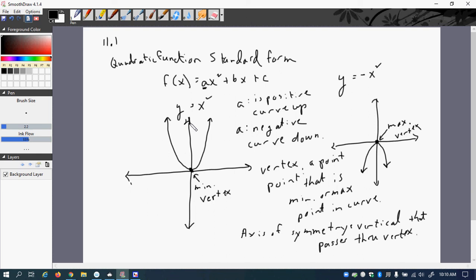It would be a dotted line going right through the y-axis. It's kind of hard to see. That's x equal to 0. So all along this line, x is 0. So that's my equation, x equal to 0.